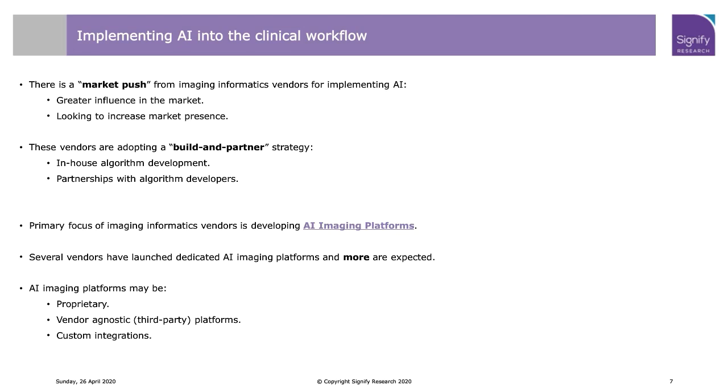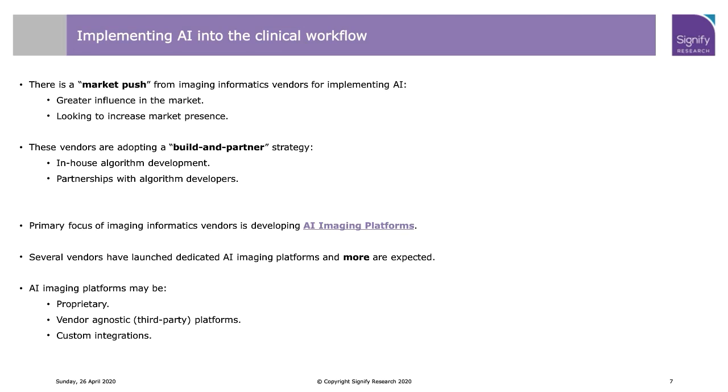The second strategy the imaging informatics vendors have adopted is developing AI imaging platforms. Some vendors have launched the first generation of these platforms, and we expect more to follow. Vendors, however, have adopted different strategies. GE Healthcare's platform, the OpenAI Orchestrator, is a proprietary solution.